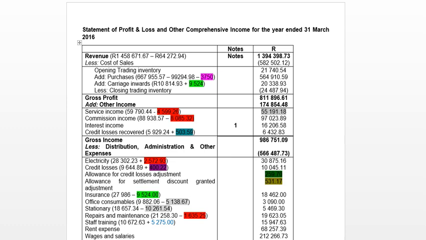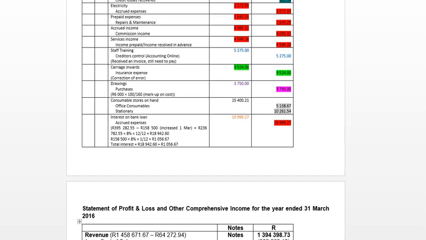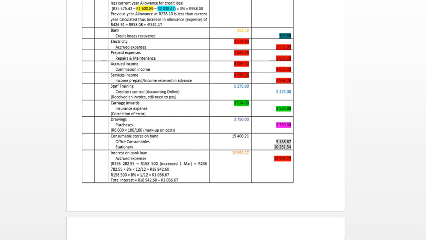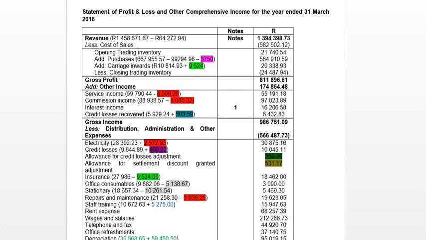55,191 Rand. Our commission income, according to our trial balance, our account is 88,938 Rand and 57 cents. But remember, with regard to commission income, we are still owed a commission income of 8,085 Rand and 32 cents.